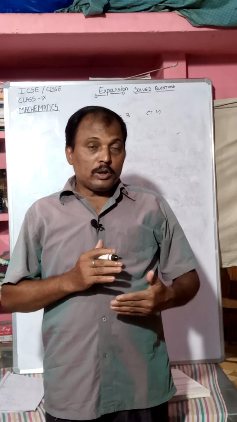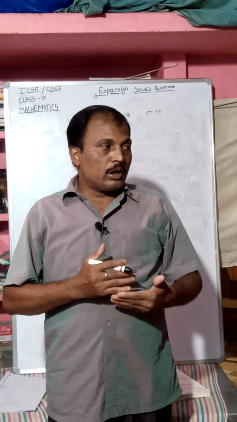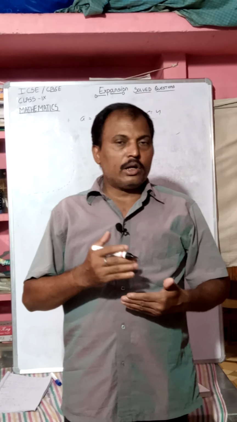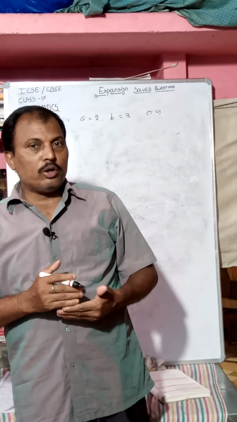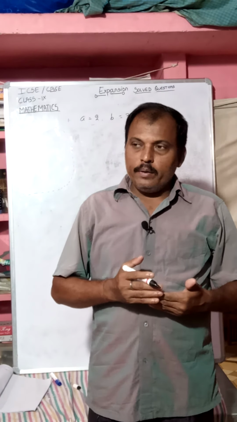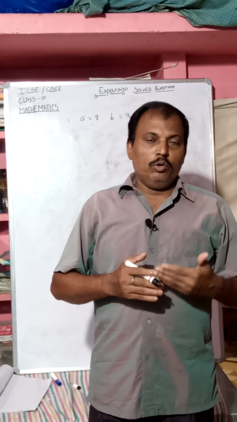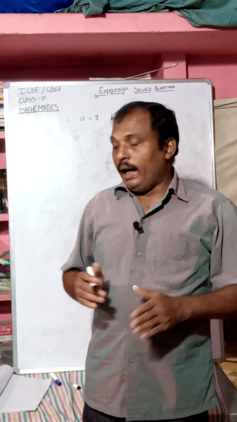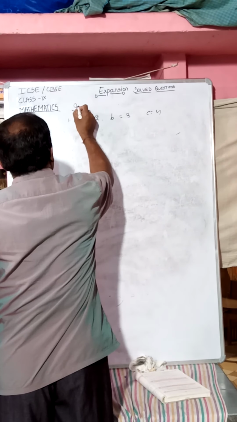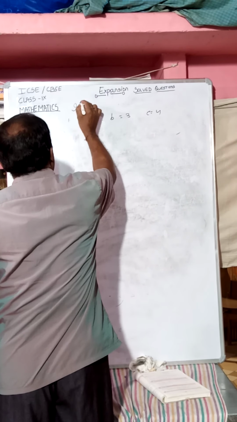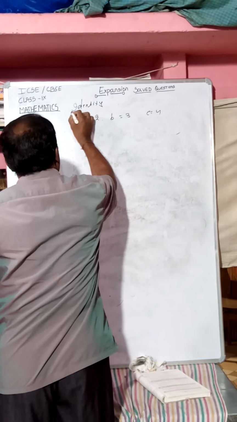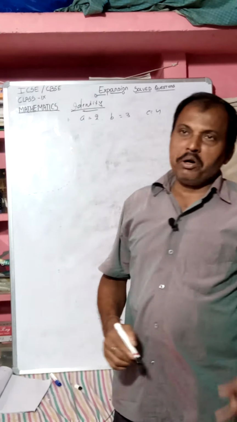All formulas: a plus b whole square, a minus b whole square, a plus b whole cube, a minus b whole cube, a cube plus b cube, a cube minus b cube, a square minus b square, a square plus b square, a plus b plus c whole square. All are called identities, which we discussed.